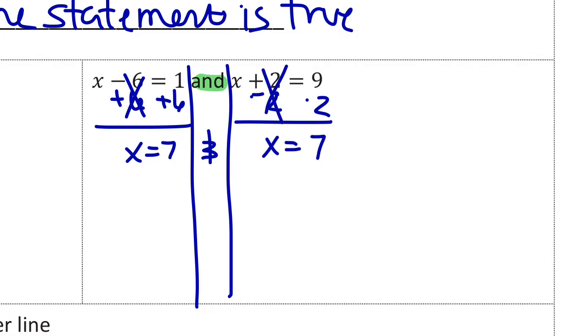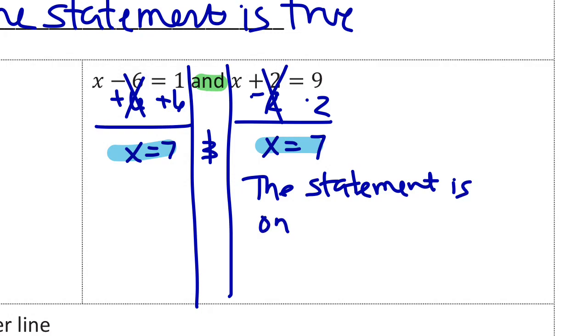You'll see that these are actually matching up exactly. It's the same exact number. x equals 7 and x equals 7. That's because this entire statement, all of this thing together, will only be true when x equals 7.